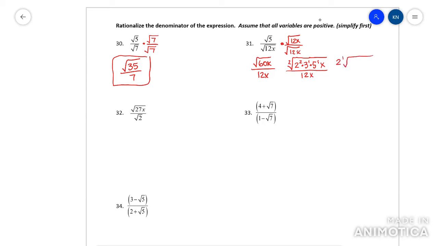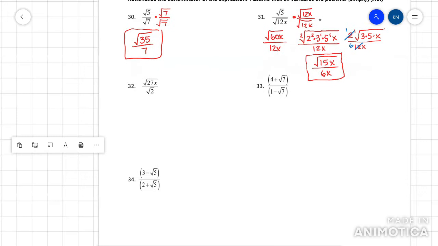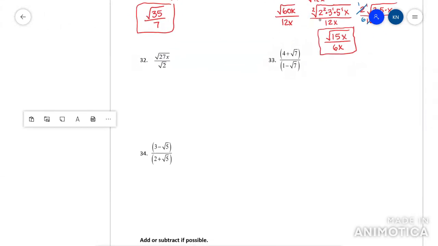And you're left with a 3 and a 5 in there. And that x. And it's over this 12x. And now that this 2's out of the root, it can reduce with the 12. So when it's all said and done, on top you have 2 root 3 times 5 times x, which is root 15x. And on bottom you have 6x. And you cannot cancel those x's because one's in the root and one is not.